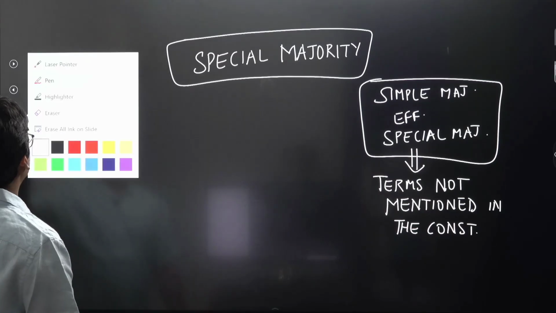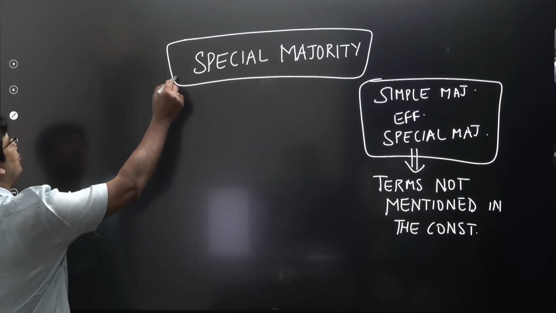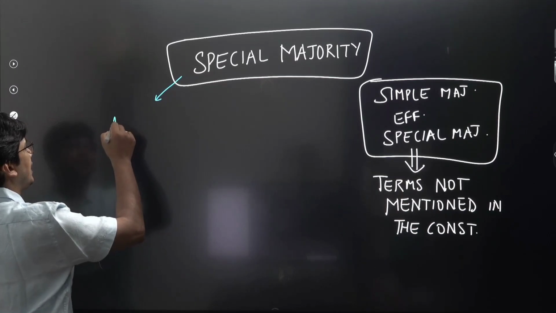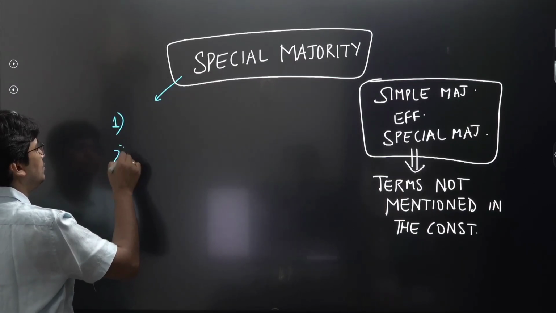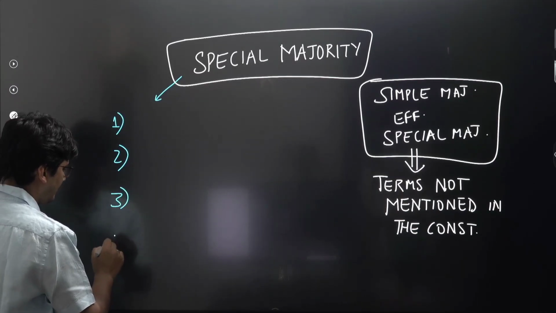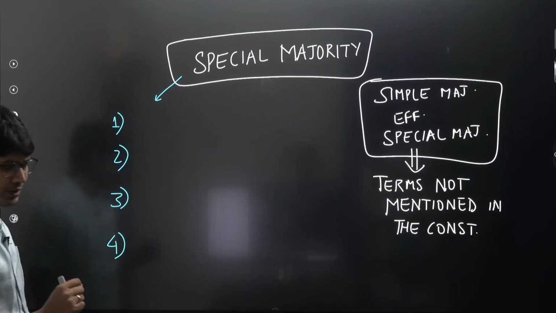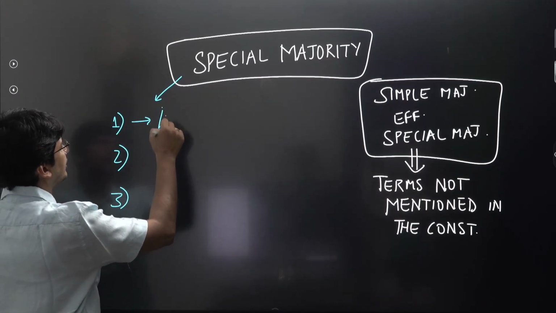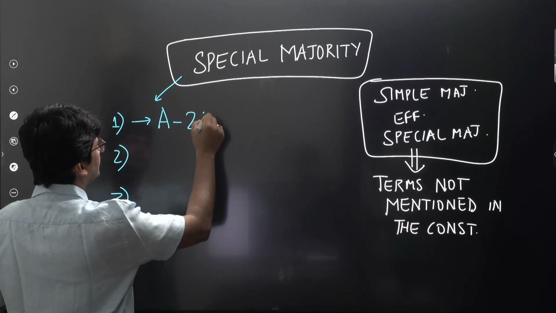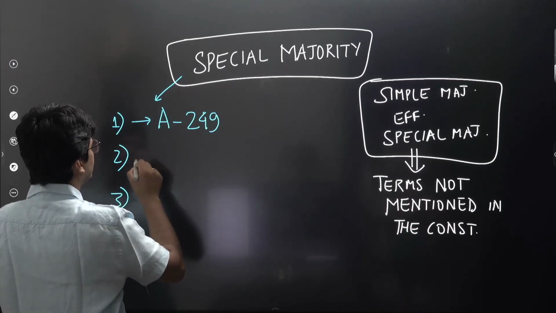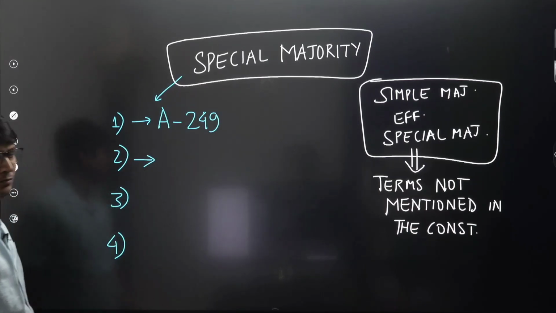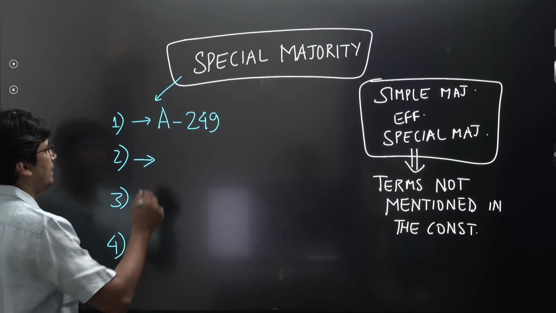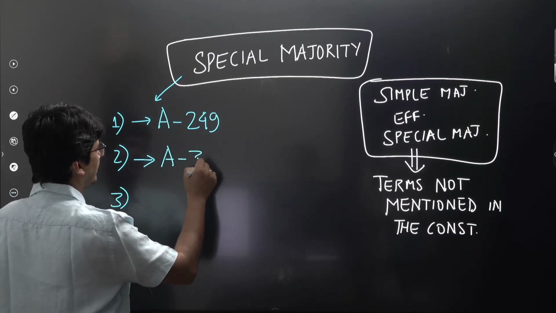Coming to special majority, it has 4 types: type 1, type 2, type 3 and type 4. Type 1 deals with Article 249. Type 2 deals with Article 368.